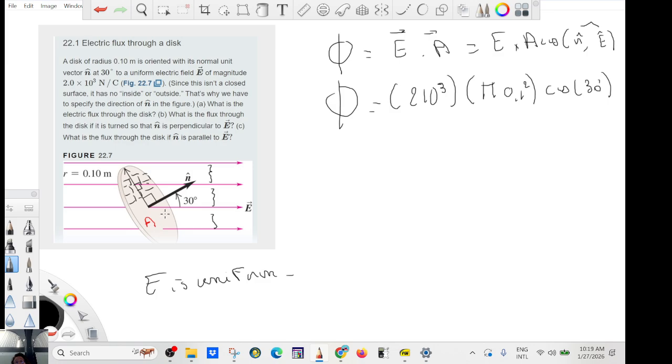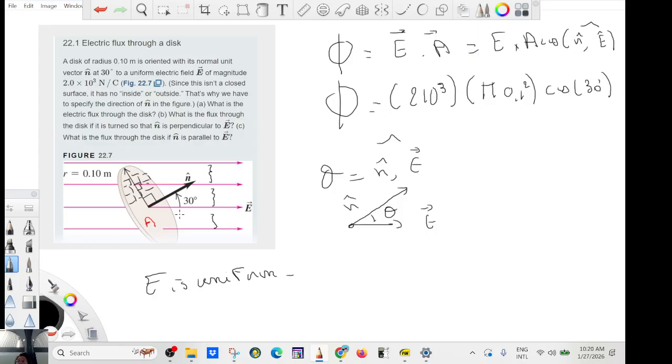You want to make sure you have the right angle. To find the angle between the vectors, you have to attach them by their tails.